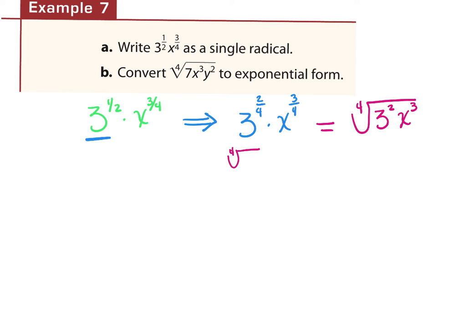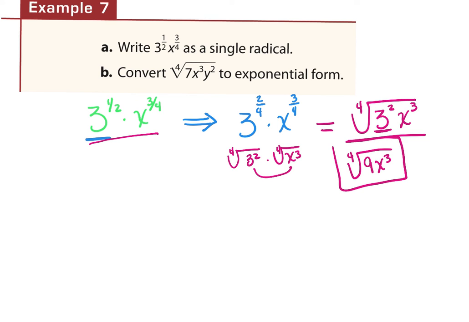Because if I have the 4th root of 3 squared times the 4th root of x cubed, I can just multiply what's inside. That's how radicals work. As long as it's the same index, you can multiply what's inside. And they could simplify it more. Obviously, what is 3 squared? It's just 9, so my final simplified answer would look like this, because 3 squared is just 9.